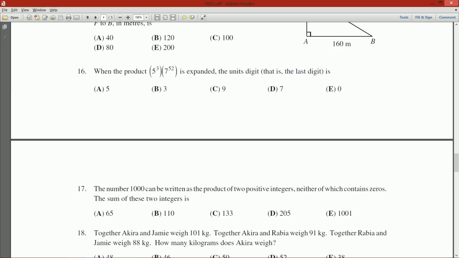And when you ask someone to figure out the units digit with a question like this, you realize very quickly you can't just plug this in to a calculator. No. 7 to the power of 52, you're not going to get that on your calculator. So what we're going to have to do is try and use some pattern recognition and try and figure out if there's a way we can work out this units digit without actually working out the rest of the number.